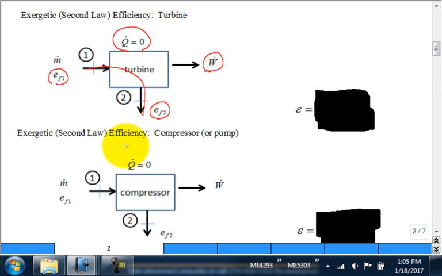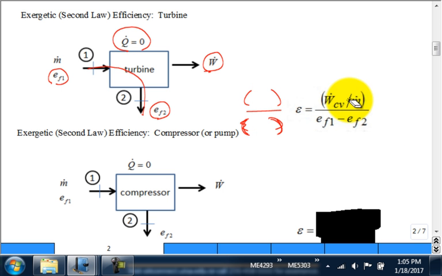So the available energy, or the exergy, comes out of the fluid stream and goes into the shaft. And so you can think of where does it come from, and then where does it go? Not all of it goes there. Some of it's destroyed. And that will be the basic definition of the second law efficiency for a turbine.